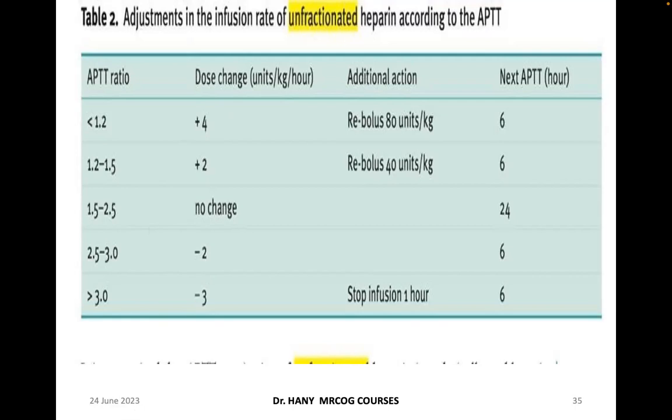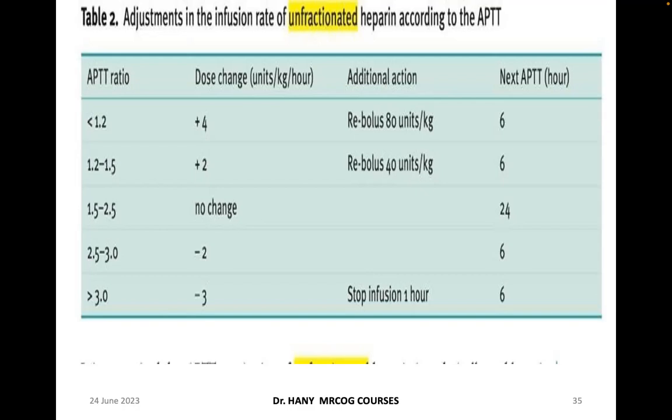Between 1.2 and 1.5, I will add 2 units per kg per hour to the infusion. Less than 1.2, the patient is going to normal, not in the coagulopathy or the blood thinning side, meaning it is less than 1.